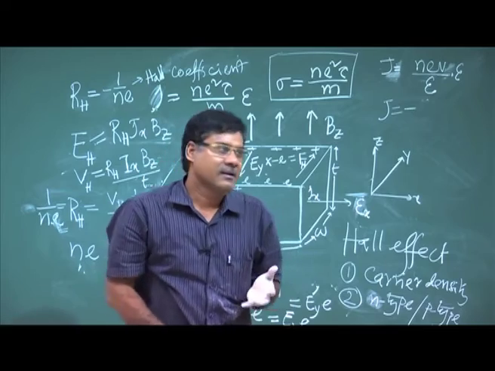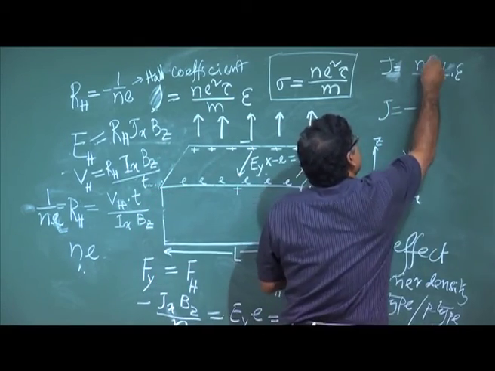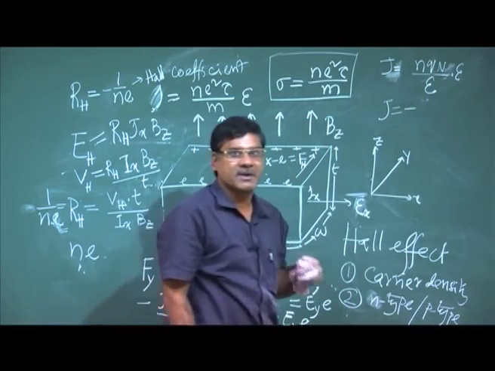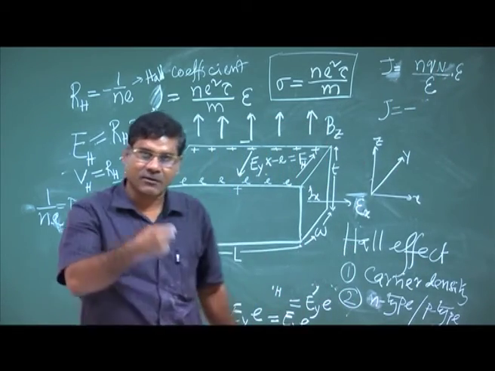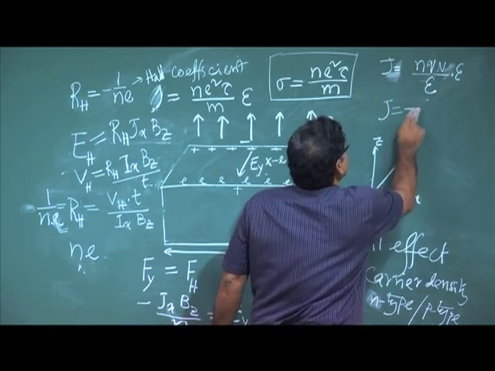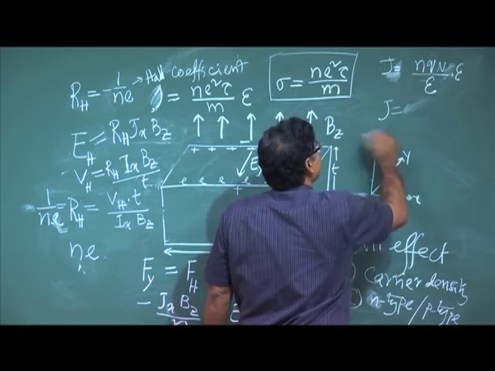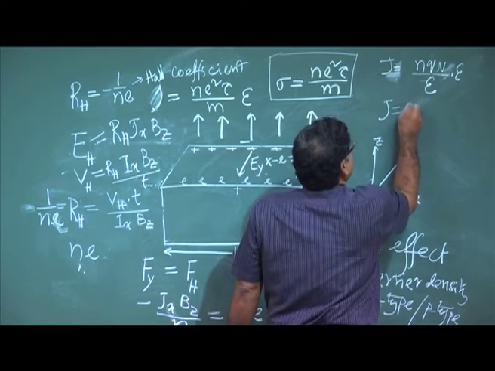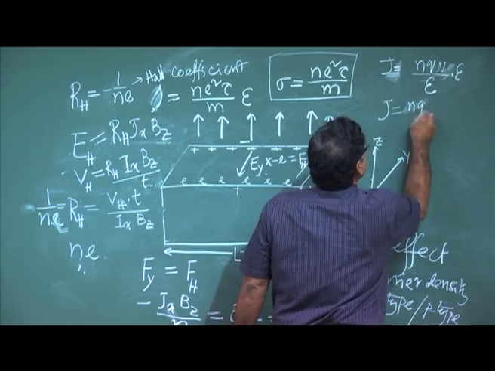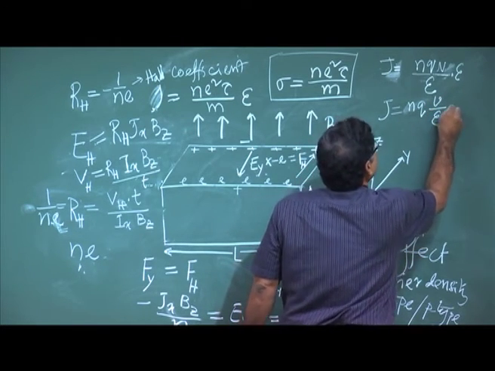In general I write Q, which can be for a hole or for an electron, and accordingly we can choose the sign. So, I will not bother about the sign, one can put the sign whenever necessary. So, I can write NQ times V by electric field, into electric field.